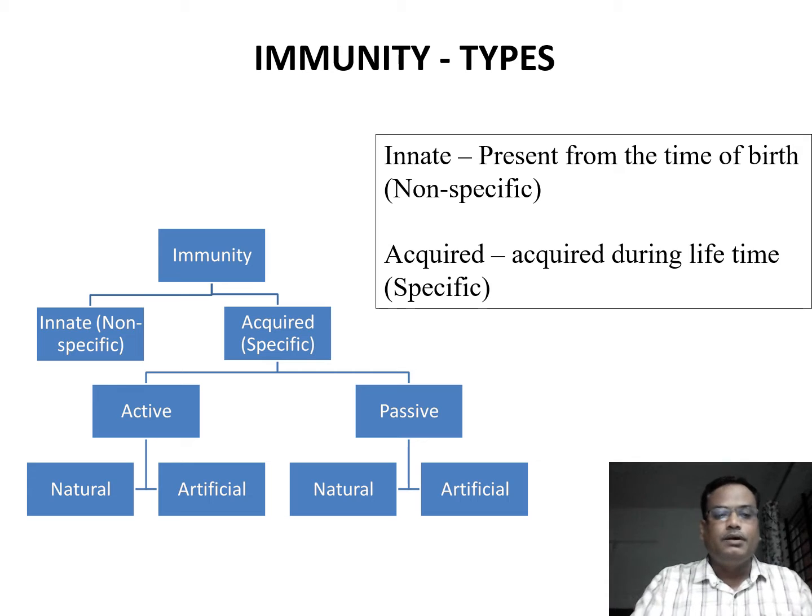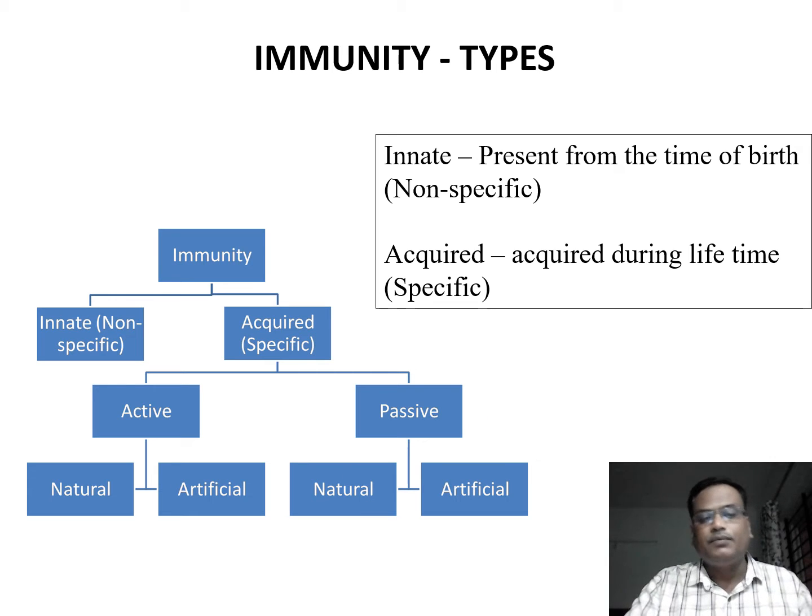Now here you can see the immunity. One type is innate or non-specific immunity, and then we have acquired or specific immunity. This is specific because this type of immunity develops against a specific pathogen like bacteria, virus, etc. And again, this specific type of immunity may be active, where the body's immune system is involved in the production of antibodies or cells, and passive, where the body's immune system is not directly involved but it gets the antibodies from an outer source.